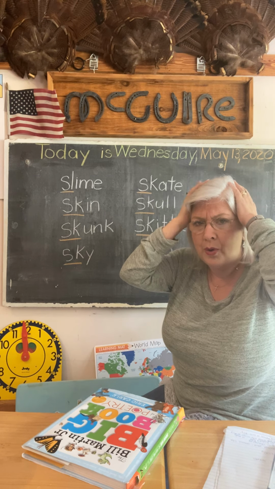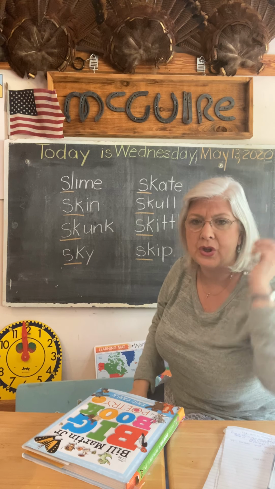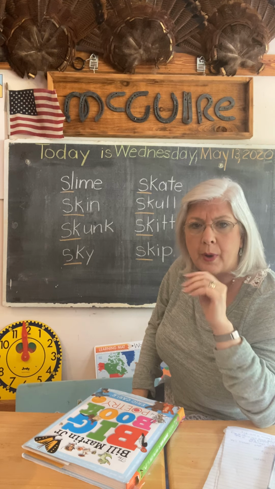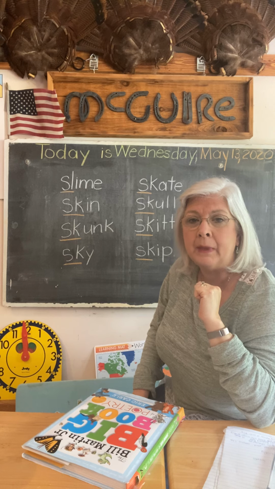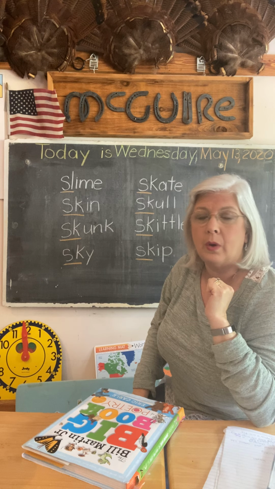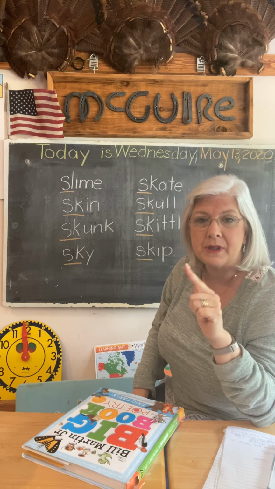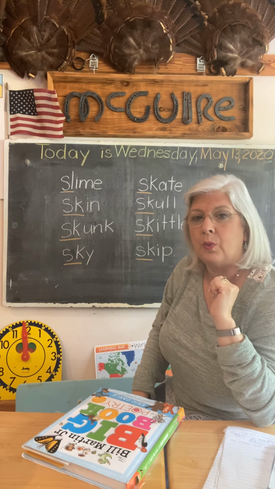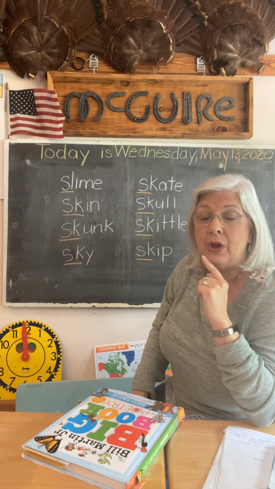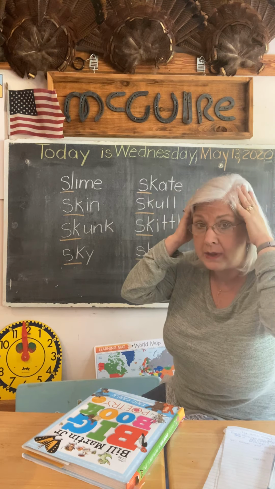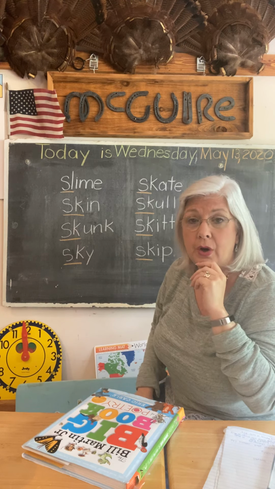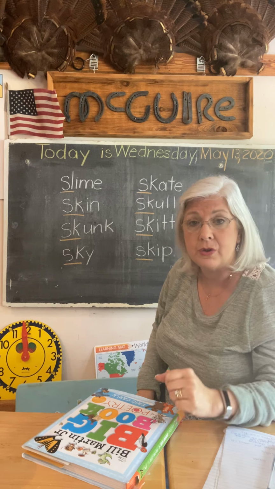That's that bone that covers your head, your skull, and it protects your brain inside of your head. And that's why when you are riding your bike, or if you're outside and you're skating or rollerblading, that you wear that helmet to help protect your skull, because your skull then protects your brain.